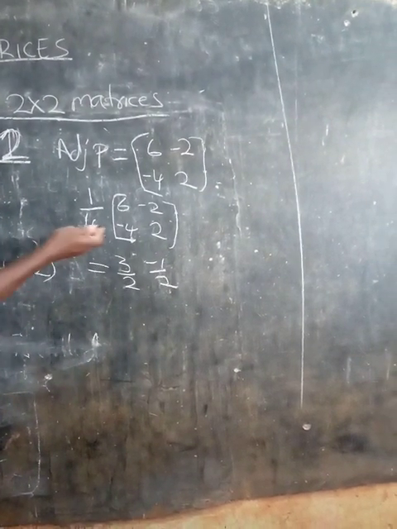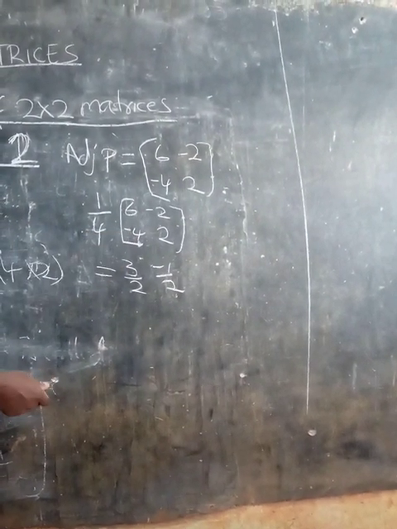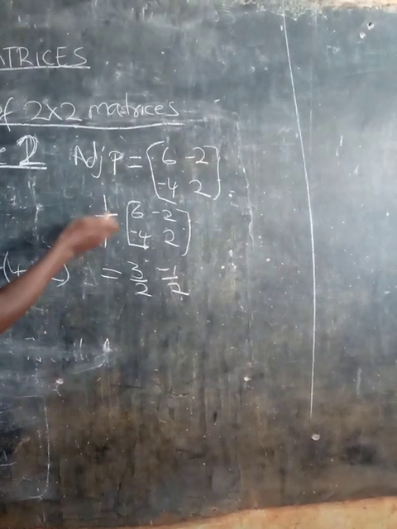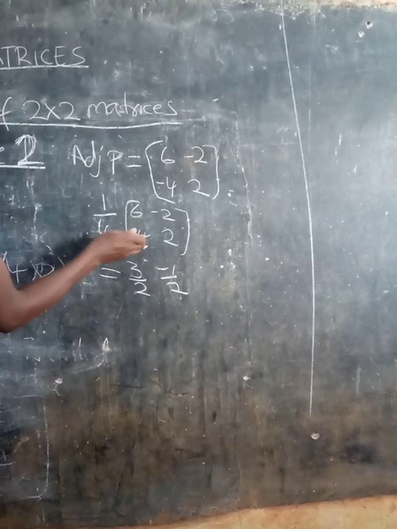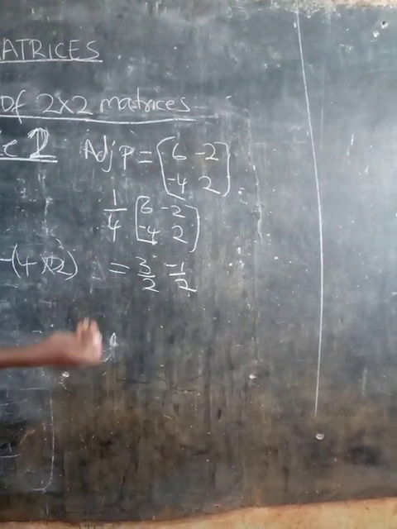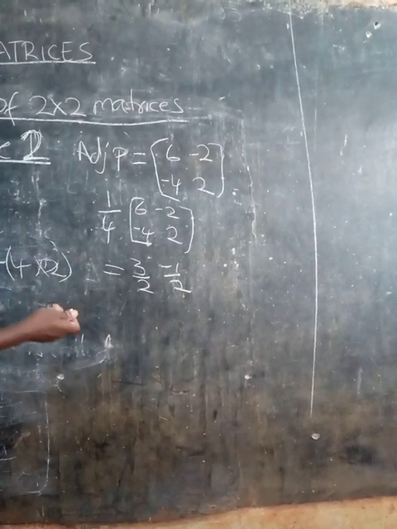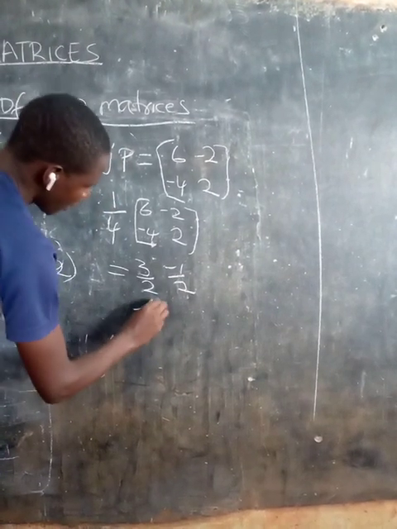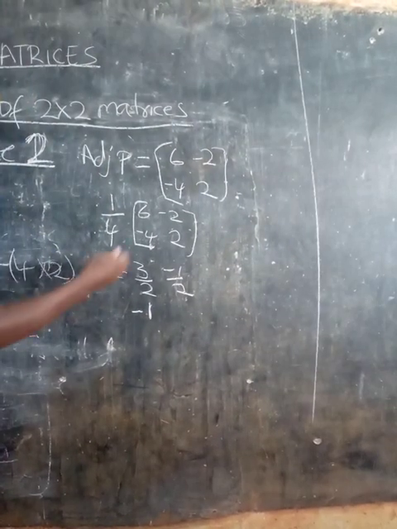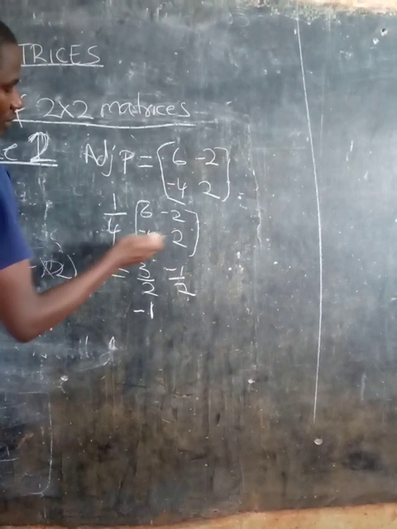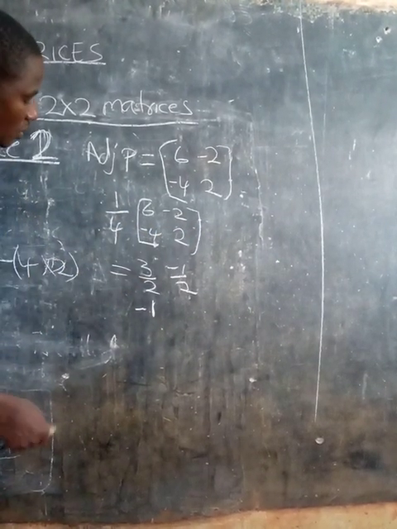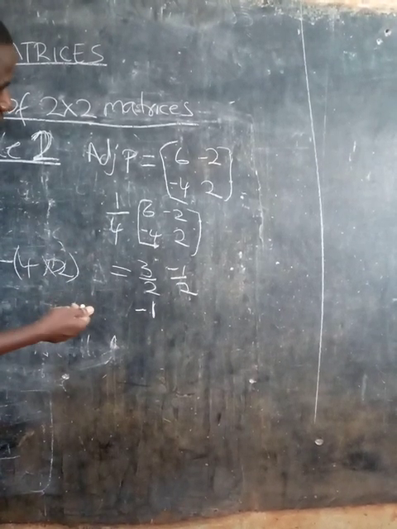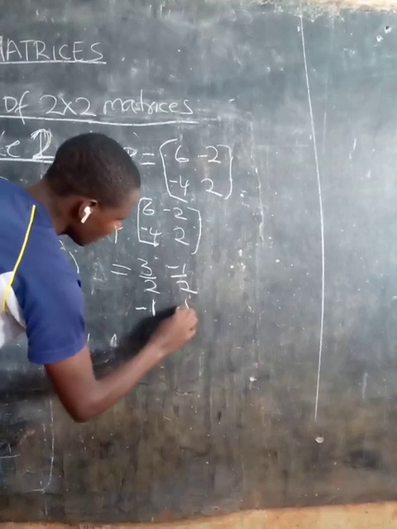Then we come to the second row. We multiply 1/4 times -4, and we get -4/4, which is equal to -1. Then 1/4 times 2 gives 2/4, and when we simplify that, we get 1/2.